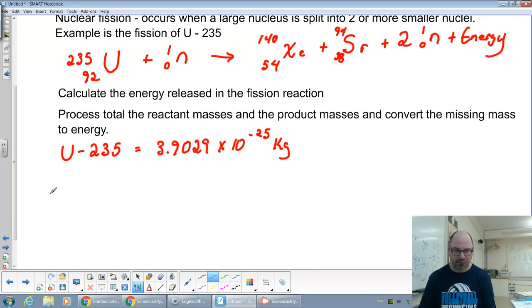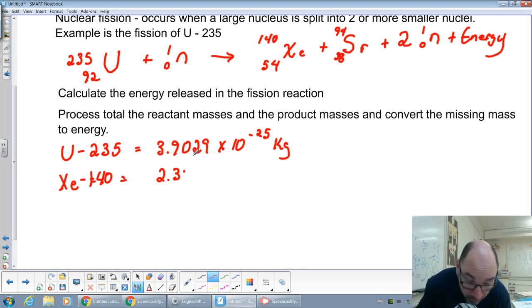And again, there is another unit known as atomic mass units, but we're going to stick with kilograms. This is 140. Okay, that one is 2.32. Let's see, what is it?